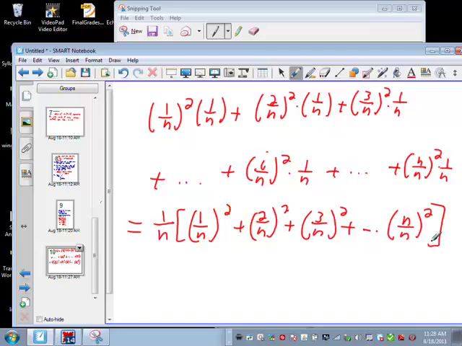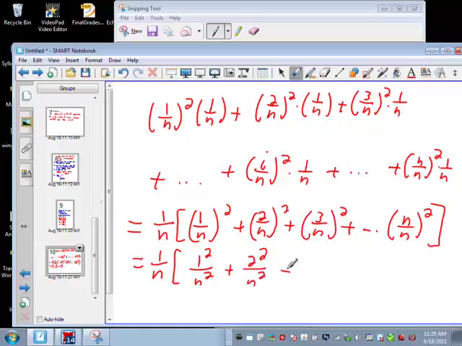Okay? And then we'll continue to simplify. The reason we're simplifying is because we want to take a limit, hopefully. Well, the square is in the numerator and denominator of each one. So it's 1 squared over n squared plus 2 squared over n squared plus 3 squared over n squared plus, and that's just n squared over n squared, right?